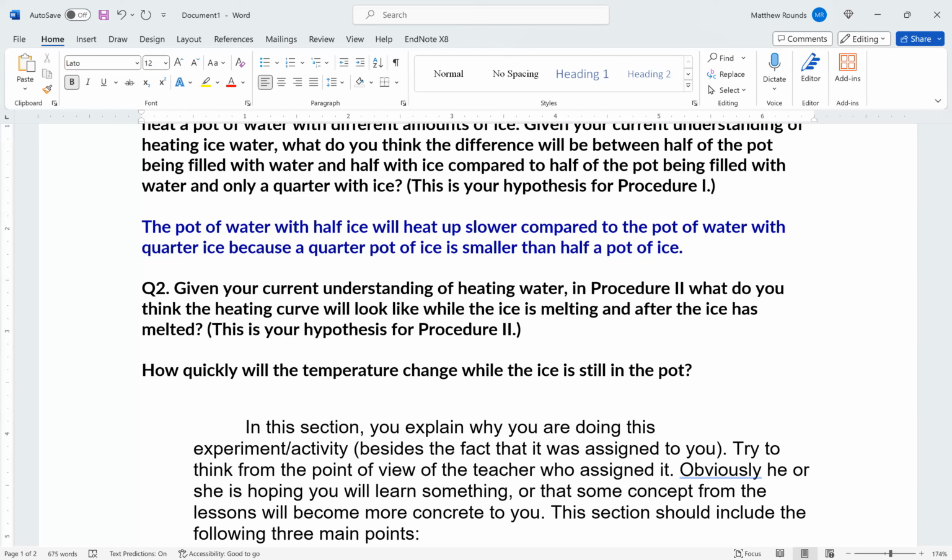And maybe think about this. If you've ever been served a beverage with ice in it, does the temperature of the beverage change quickly or slowly? It changes quickly because the ice is frozen solid and it's cold.